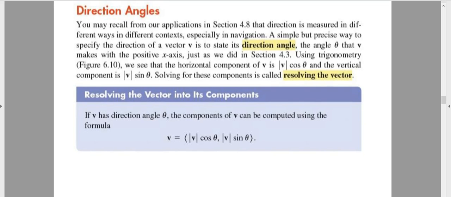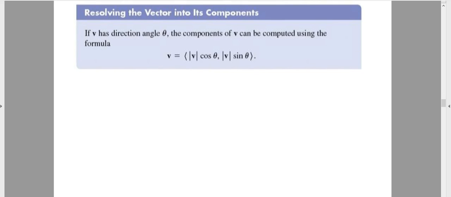Now, I hope this looks familiar, now that you've done stuff in the polar section where we had x equals r cosine theta and y equals r sine theta. Because if you know the magnitude and the direction, that can tell me the components.